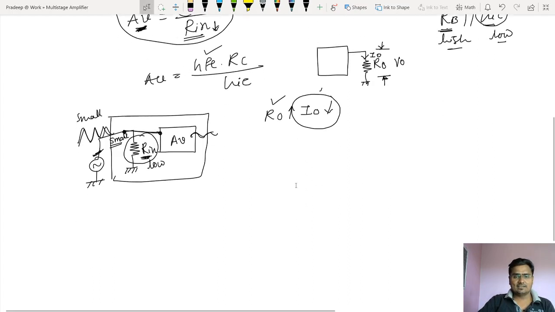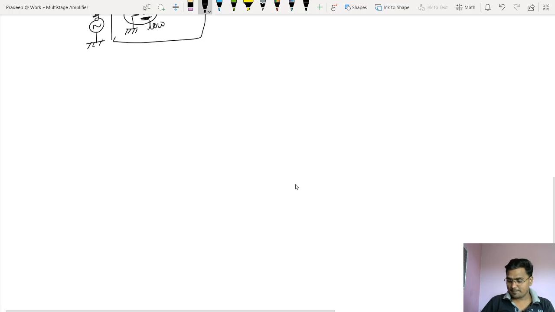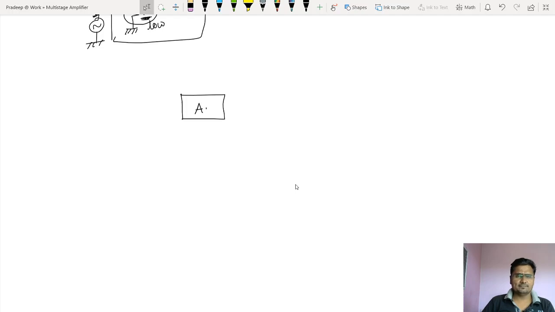So what is that other option people started using? Look at this: a single stage amplifier, one CE amplifier with some gain. For example, A1 is the gain for this amplifier, which is not sufficient. Then you connect another amplifier in series with this. Now this amplifier has gain A2.